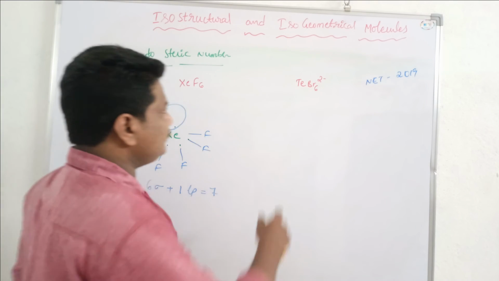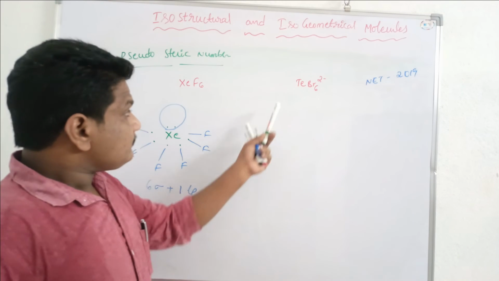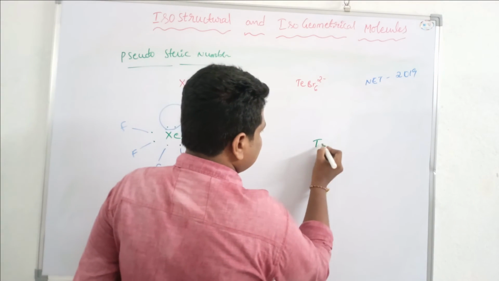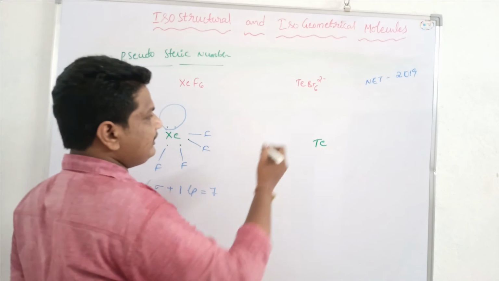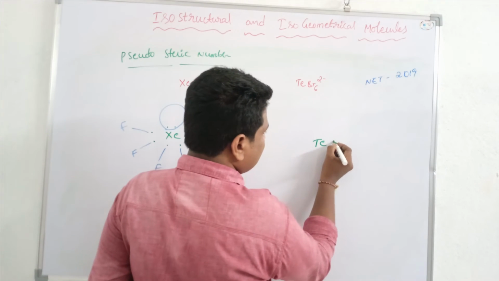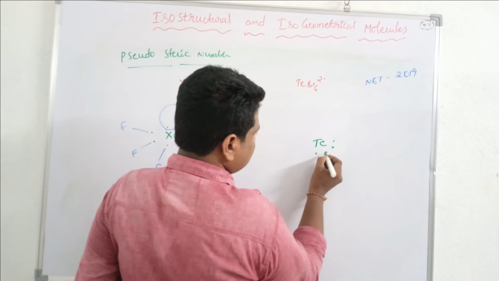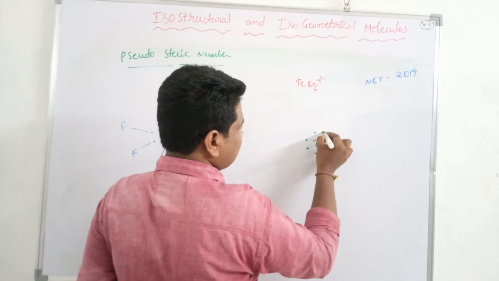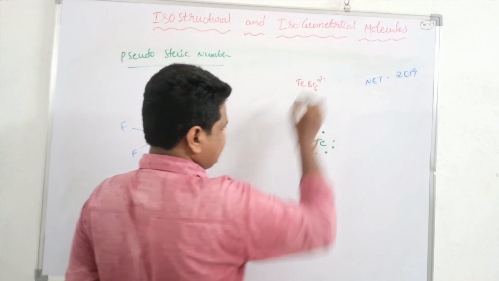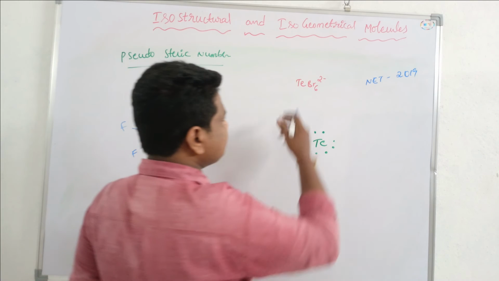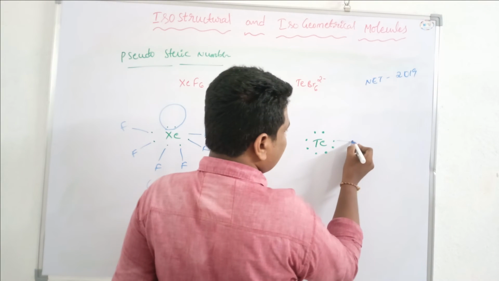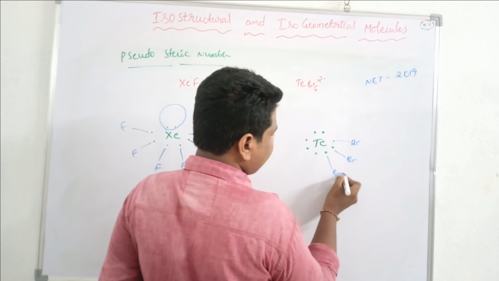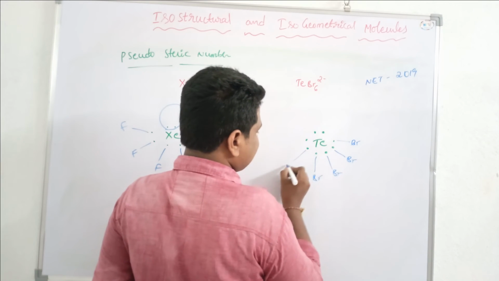So these 2 electrons are on Te. This central atom has 4 electrons, and these 2 electrons are from the 2 minus charge. Out of these 8 electrons, 6 electrons are involved in the formation of sigma bonds with bromine atoms. So like this.